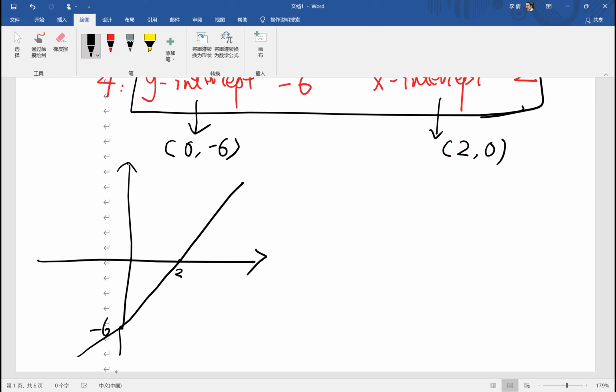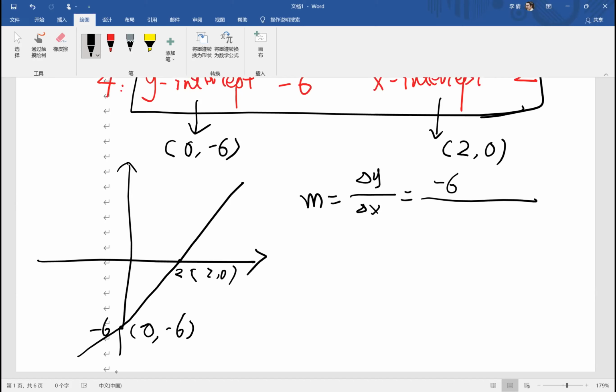Let's see the slope m. The slope of this line is delta y over delta x, and this point is (2, 0), this point is (0, -6). Delta y is -6 minus 0 over 0 minus 2, and it will be equal to 3, right?